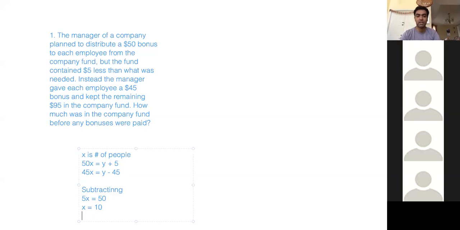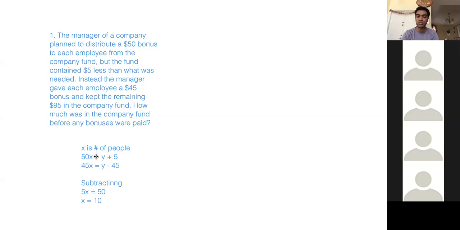Good. Yep, that's correct. So this is one way of doing it. We can do it algebraically by setting a variable for the number of people. Then we know that 50x is equal to the company fund plus $5 extra, since it was $5 short, versus if it was 45x, $45 per person is the company fund minus 95.